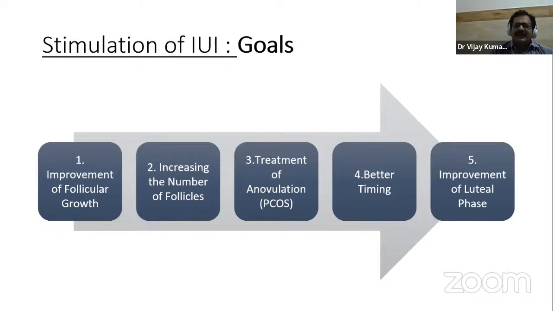It also helps in the improvement of the luteal phase. This is especially important in cases of polycystic ovary syndrome, wherein because of the chronic anovulation and the immature follicles, the luteal phase would be defective. So although fertilization happens, most of the cases come under biochemical pregnancy, wherein only the HCG would be detected, but subsequently we fail to detect the gestational sac.